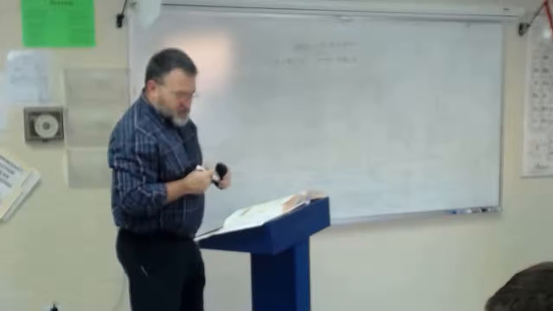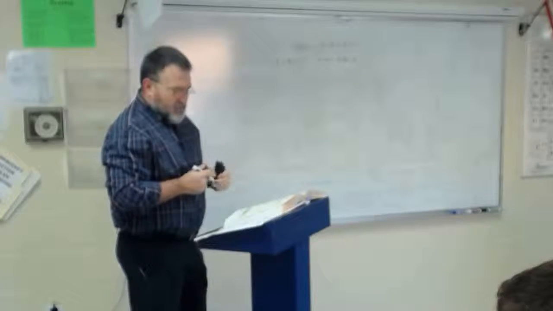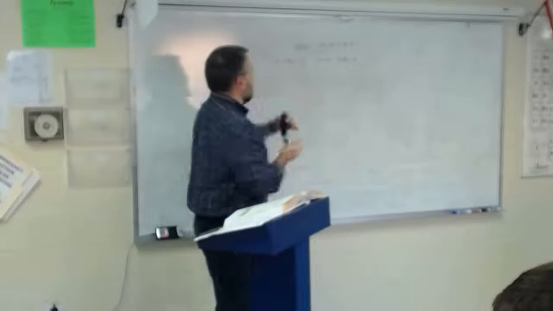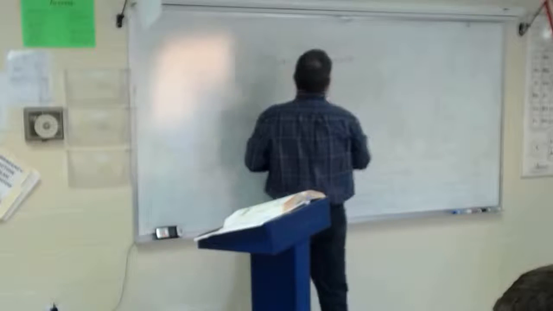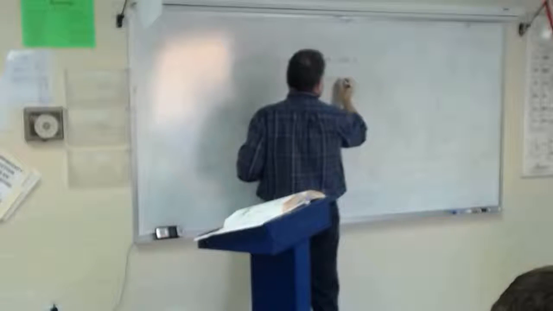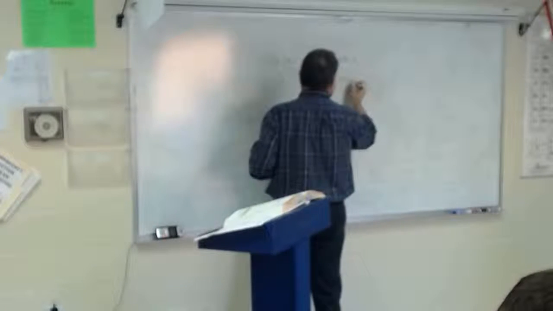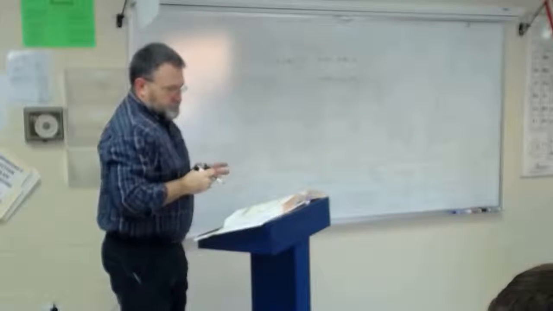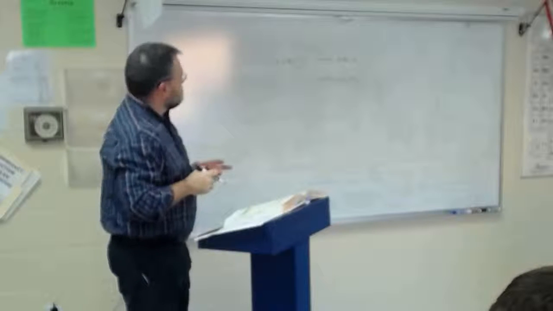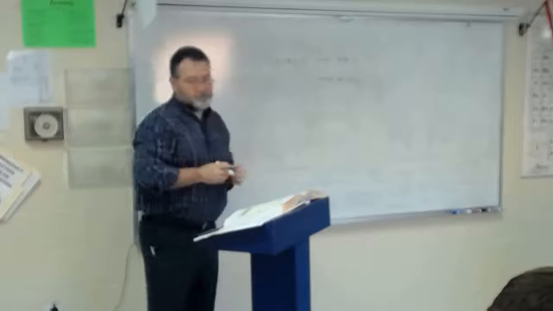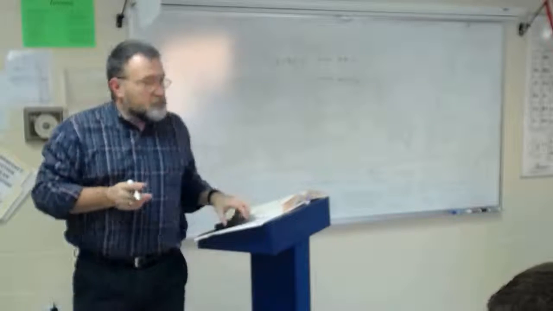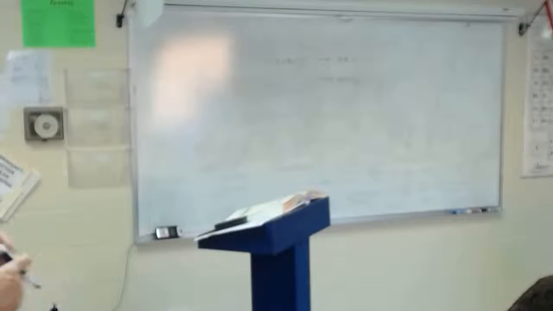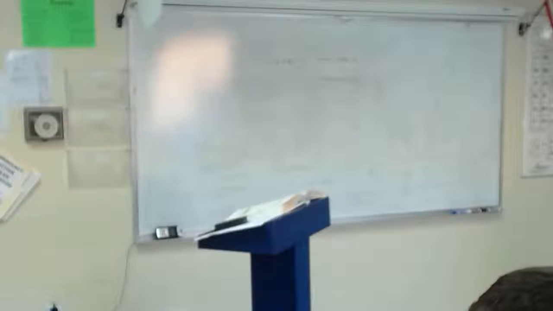So the on your own says, write a balanced chemical equation for the formation of potassium chloride. Go ahead and start on that. We'll just take a few moments to get you ahead of me, and then we'll walk through it.